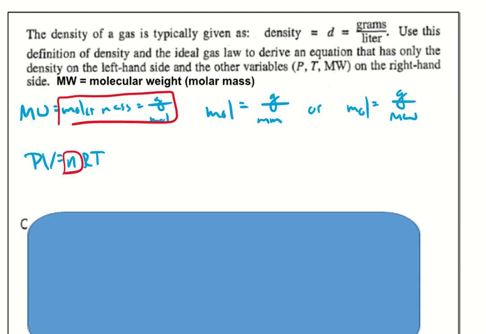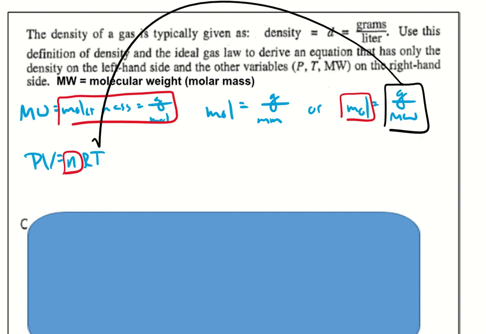There's moles, and there's moles. So to help us with this derivation, let's plug grams over molecular weight in for moles. That gives us PV equals grams over molecular weight times R times T. Now, eventually I'm going to want density alone on one side of the equation, which can be described as grams over liters, which are also both in this ideal gas equation.